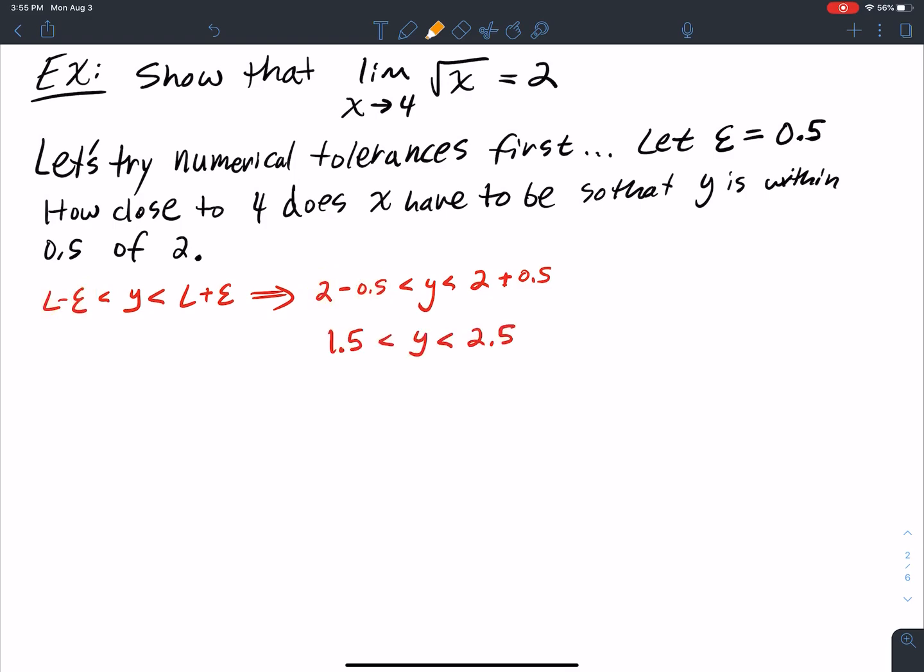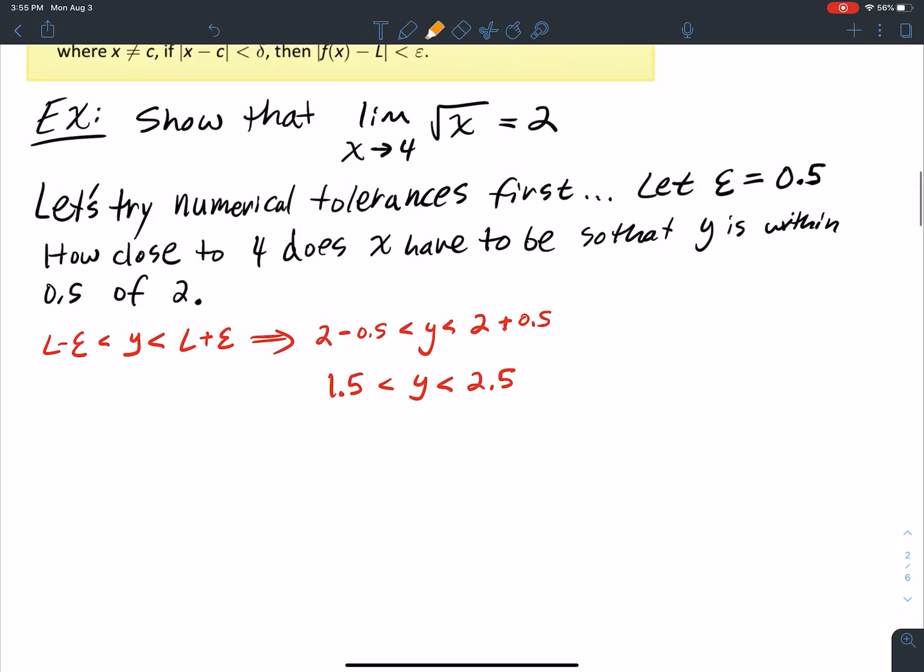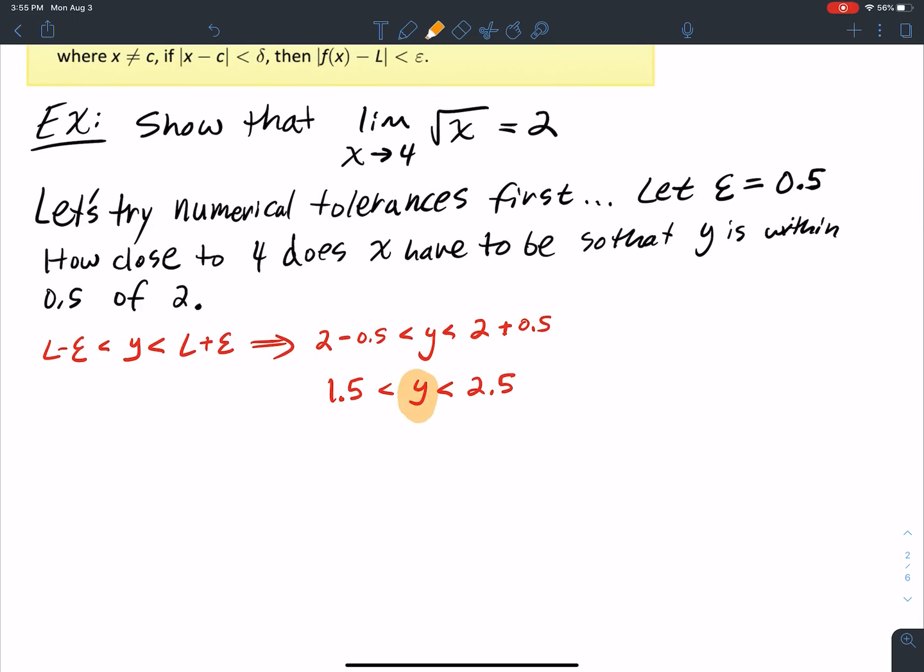And so if I simplify this, I get 1.5 and 2.5 for my extremes of what y could be. Now, I'm going to replace the y with my function, because remember, y equals the square root of x here. That's my output. And so I'll replace this y with the square root of x.